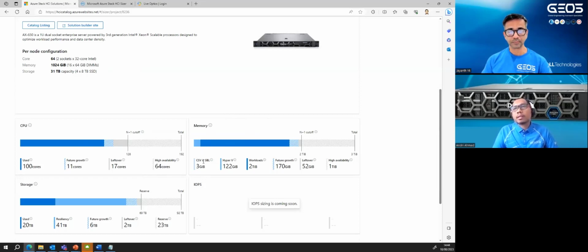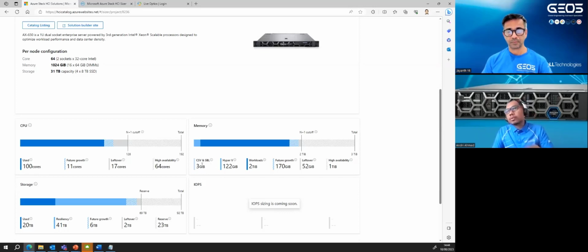So overhead here is from your cluster shared volume cache, and also from your storage bus layer. But in terms of single tier, the storage bus layer should be very low compared with if you are using a two-tier cache and capacity.